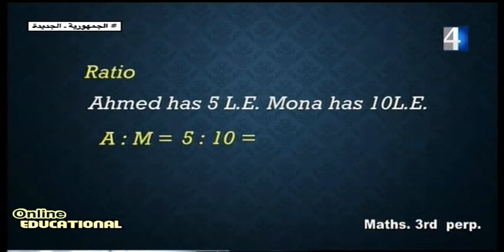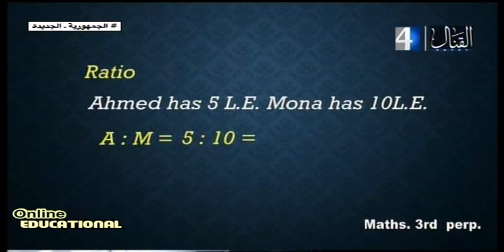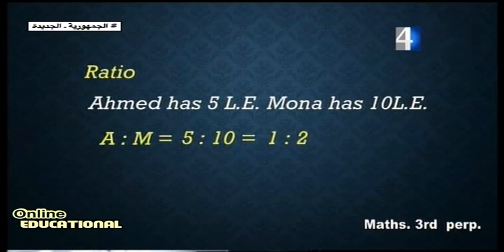It's a fraction or a ratio. It can be reduced. How? By dividing both of them by 5. So you are going to obtain a new ratio equivalent to the first one, equal to 1:2.